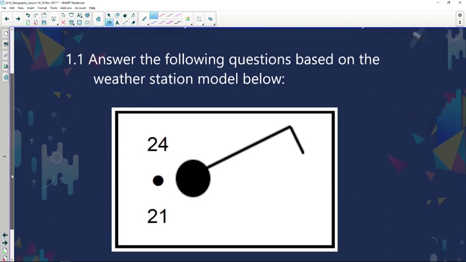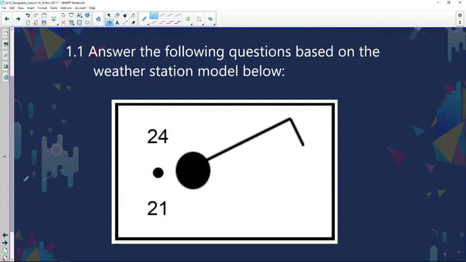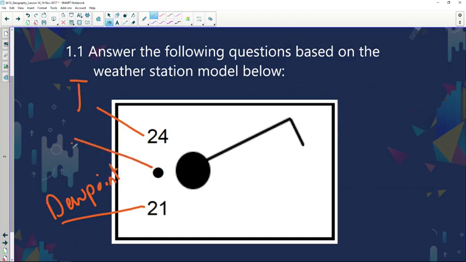First of all, a weather station model represents information around it. For instance, the 24 represents temperature. The 21 represents dew point temperature. The symbol over here represents the type of precipitation.